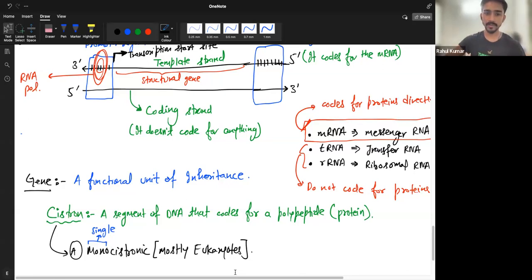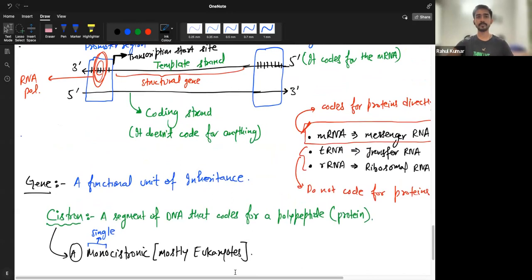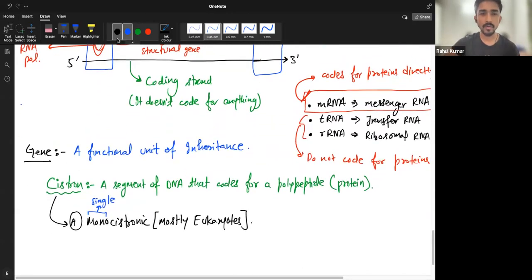So it's present in eukaryotes. Now, it has one more, it is an evolved system, so it has one more complexity.